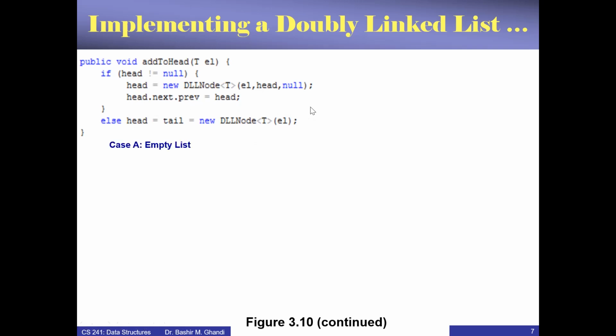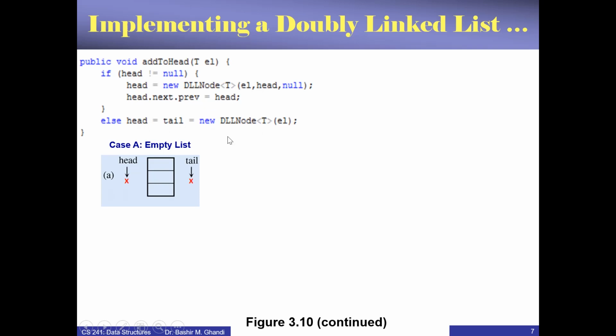And to explain that code as we did in singly, let's look at the diagram. So our head is null and tail is null. The first thing being done here, remember we always explain assignment statements starting from the right, because that's how it will execute. It will execute this, then assign it to this, then to this.